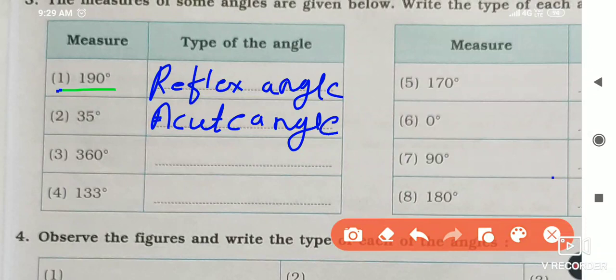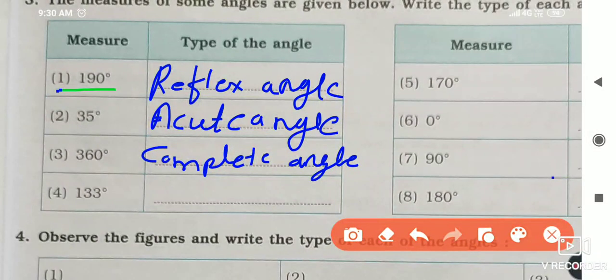Yes, you know this? Okay. Now next it is 360 degree. As I told you, 360 degree is which type of angle? It is a complete angle.